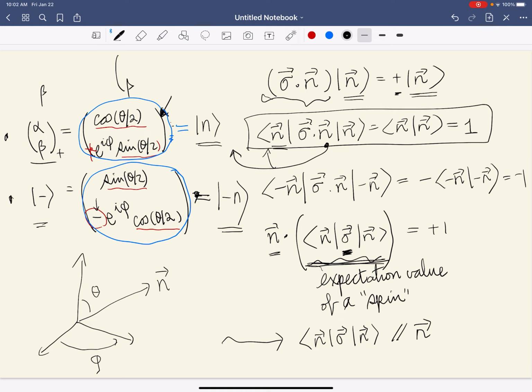Okay. And then this second calculation also shows that the spin orientation of the minus n eigenstate is parallel to minus n, right? Due to this minus sign over here.